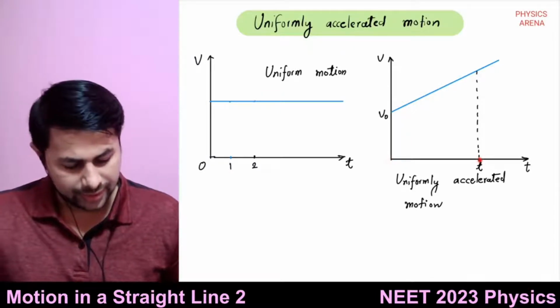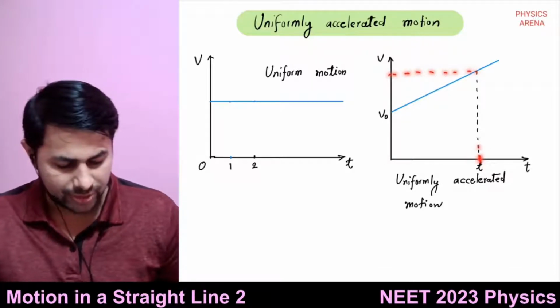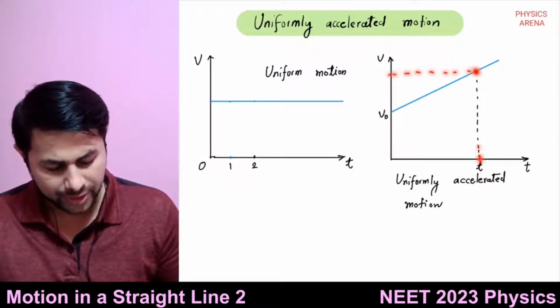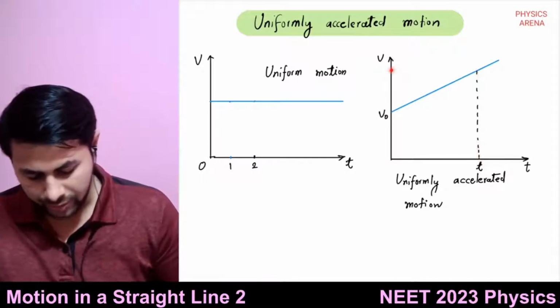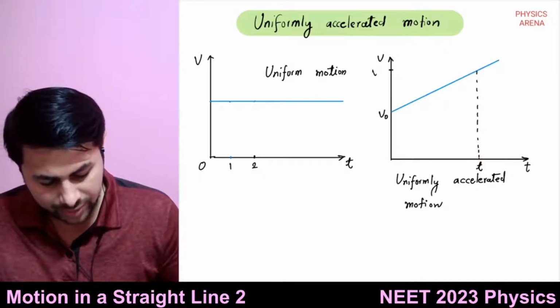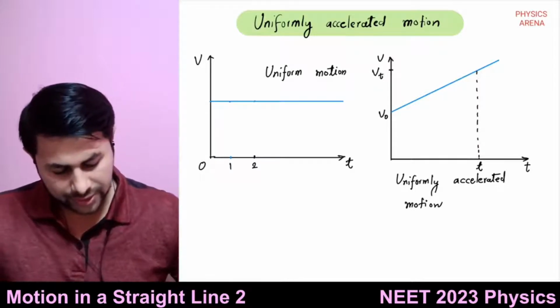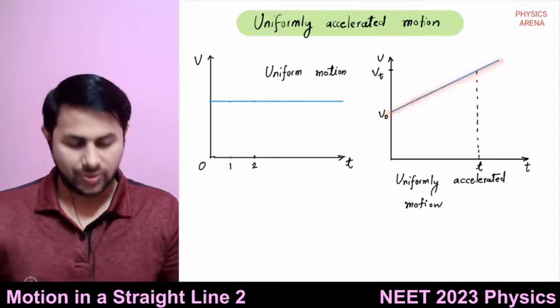And then at this time, let's draw a perpendicular from this time on the graph. It meets at this point, and from this point I will draw a perpendicular on the velocity axis. So the velocity at this time is v suffix t. So the velocity is increasing uniformly, right? The velocity is increasing uniformly.